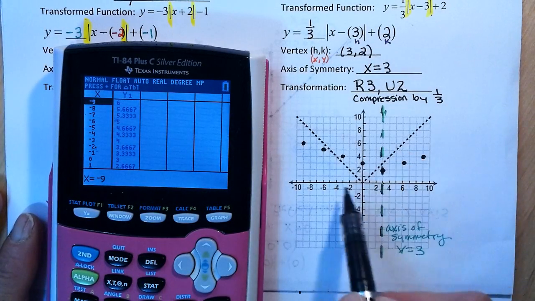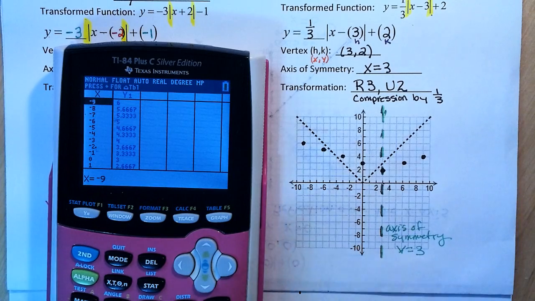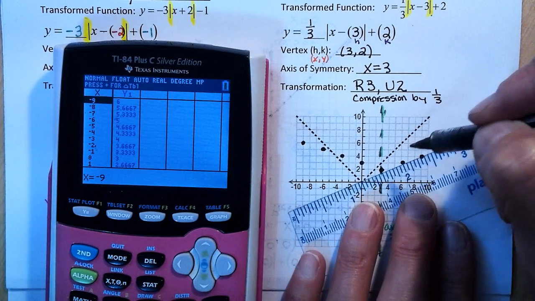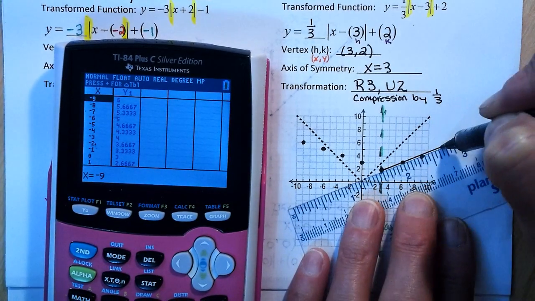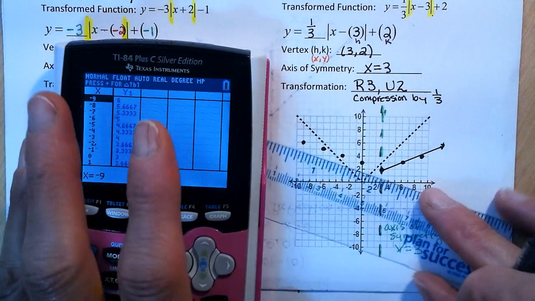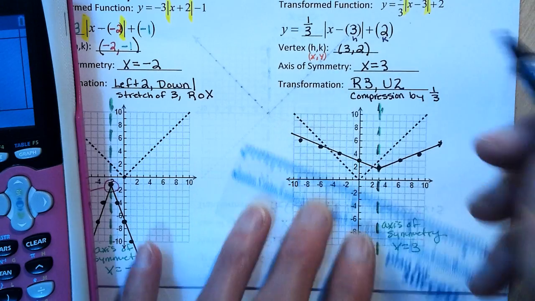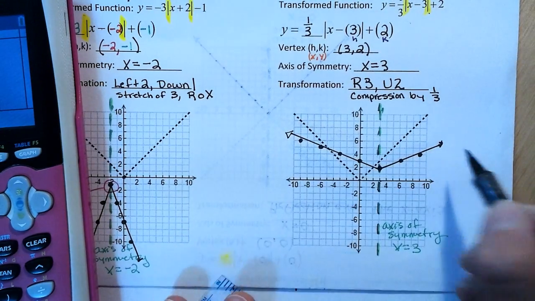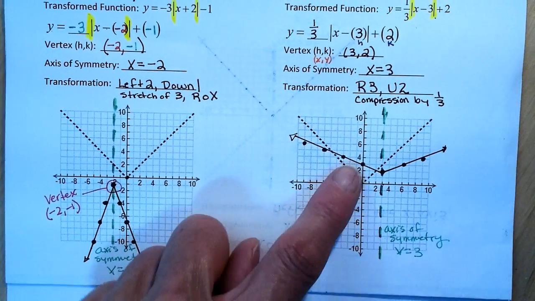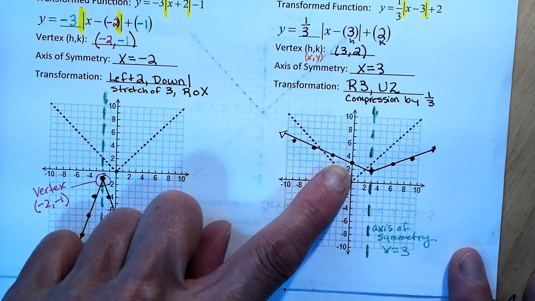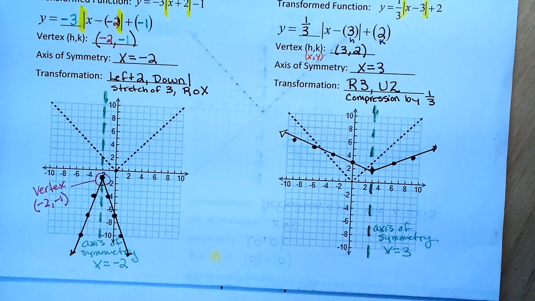Okay, so we can see it's really been squished. It's a compression. So it's gotten flat. Okay, so that's my new function, and that's the compression by 1/3.